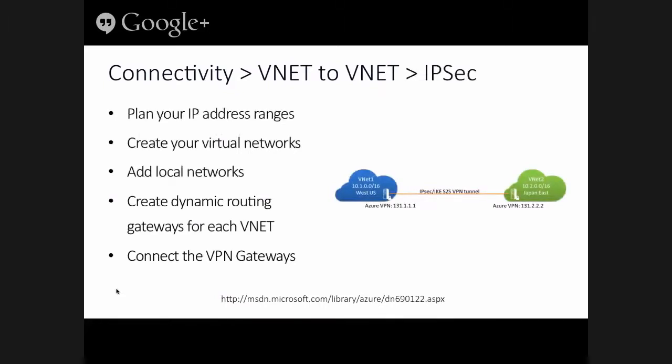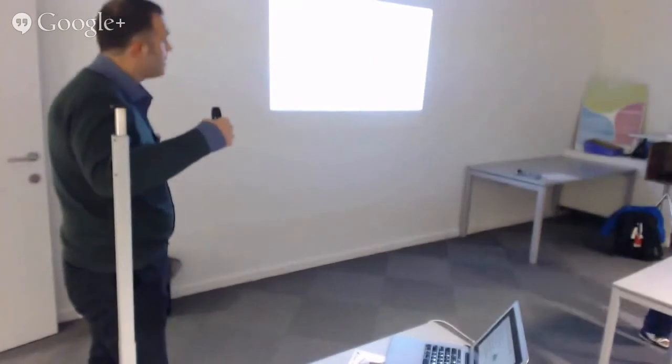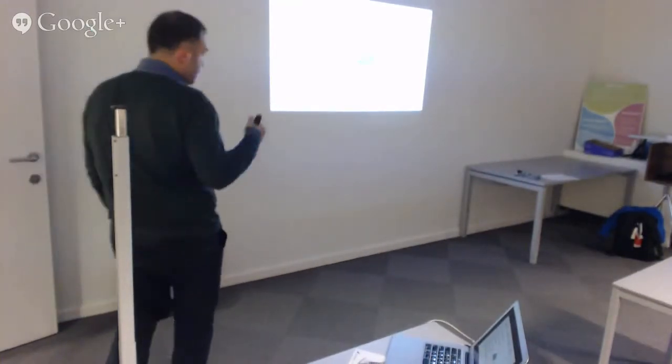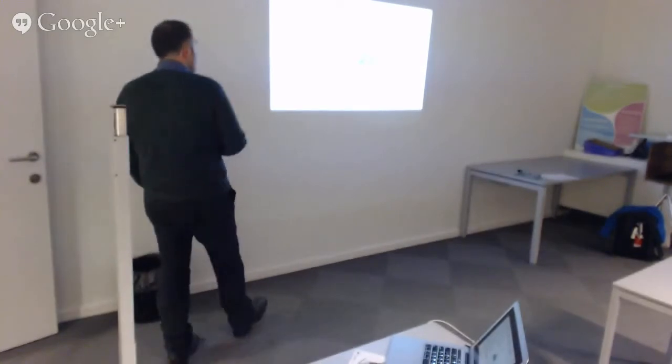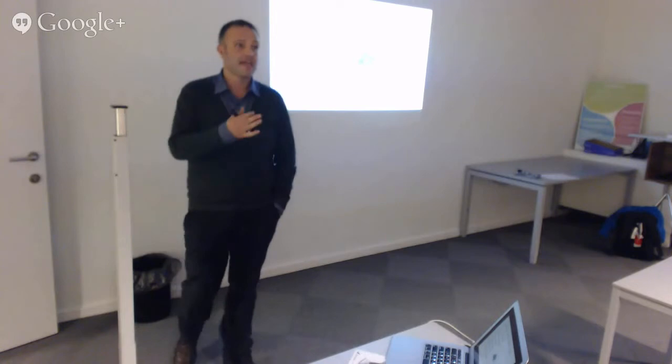IPsec, default way to build out a tunnel between 2 networks, industry standard, supported by Microsoft, so you can build out between 2 VNets, you can build out a site-to-site tunnel. Make sure that your configuration is the same on both sides, has the same configuration variables regarding encryption, regarding perfect forward secrecy, and so on and so on.